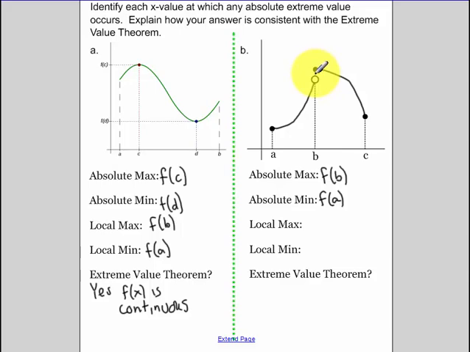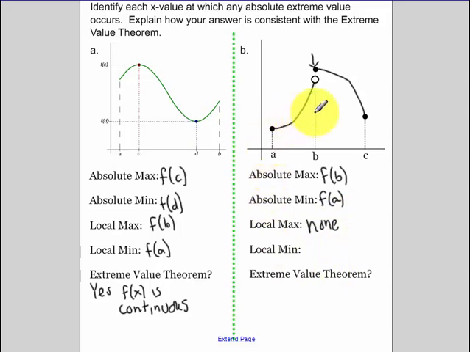So we couldn't call that a local max. So I might say there would be no local max. One could debate that this f of b up here would be considered a local max, but I don't know if I'd call it that since we've already classified it as an absolute max. So I'm going to go with none there.